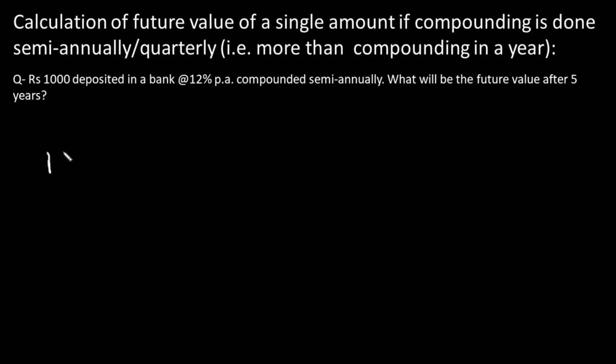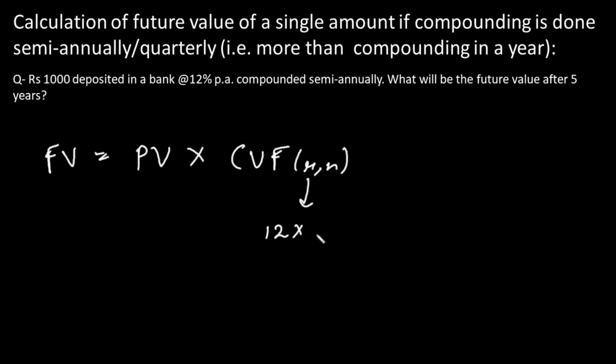So we use the same formula, which was FV is equal to PV into CVF, R and N, right? But here R would be 12 into 2, that was R into M, and here N would be 5 into 2, that was N into M. We use the same figures to calculate the amount as per finance.